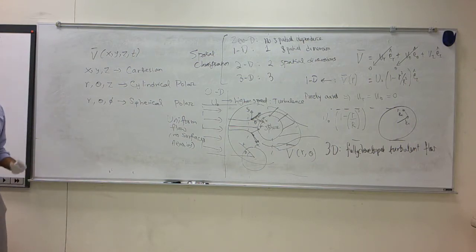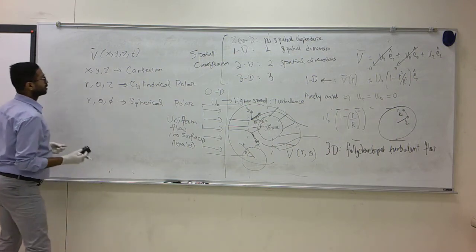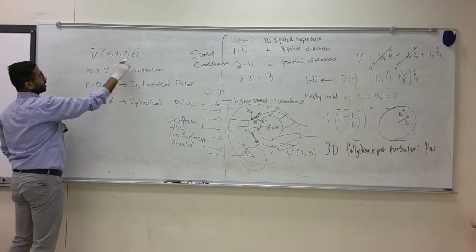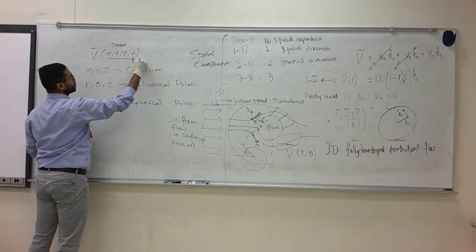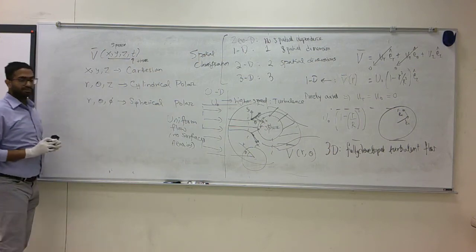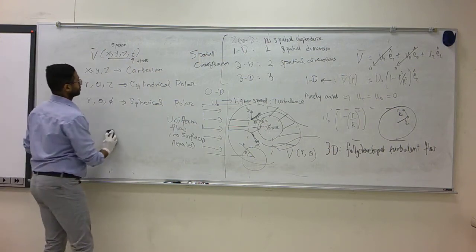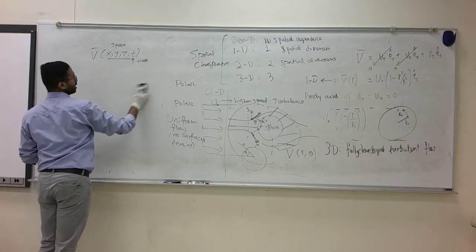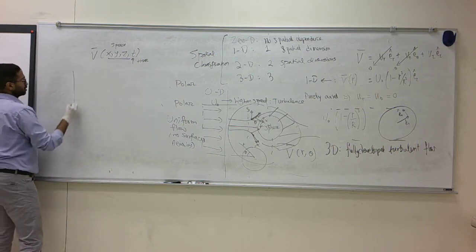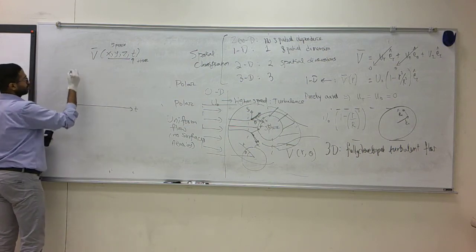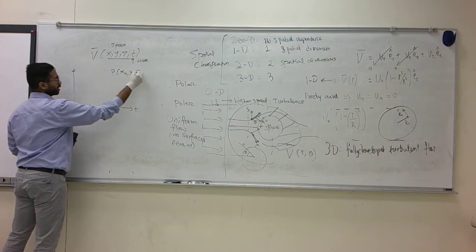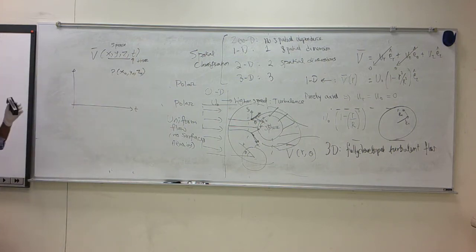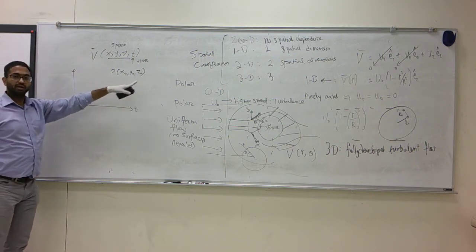Now, moving beyond spatial classification, I told you that the velocity field depends on both space and time. Okay, both space and time. If your velocity is constant with time, if you take any particular point, I'll call it P, x naught, y naught, and z naught. That is, I'm having a magical probe that is able to print the velocity at a particular coordinate.